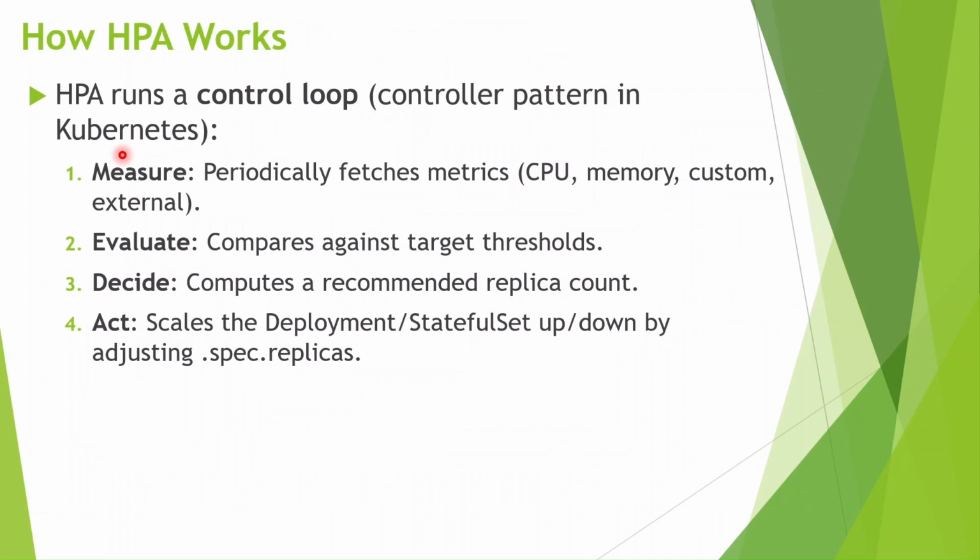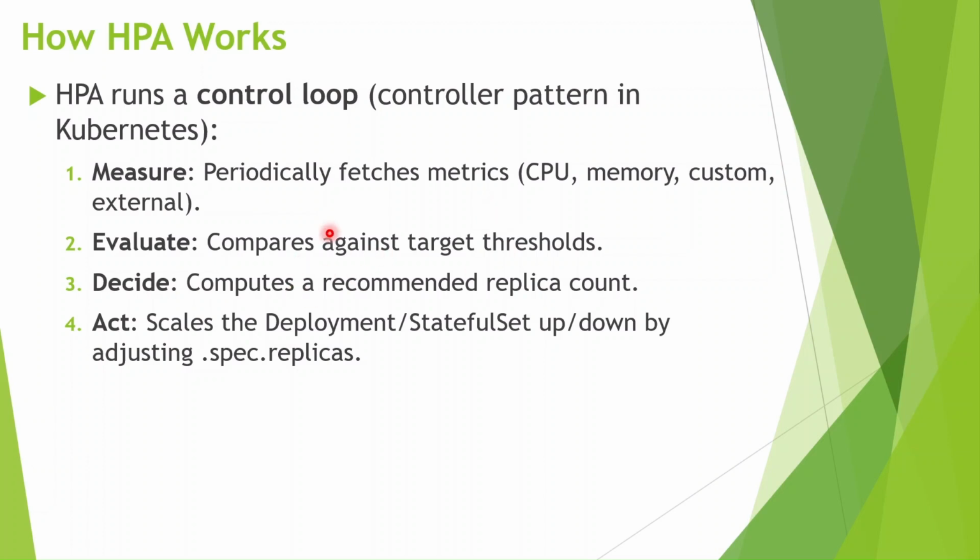So how does HPA work? It runs a control loop in Kubernetes. First of all, it measures: it periodically fetches metrics like CPU, memory, or any custom or external metrics which you have defined, and compares them against the target threshold. Maybe you have defined 70% of CPU. If your application goes beyond 70% CPU, it must scale up.